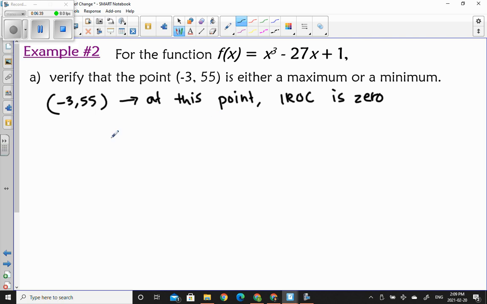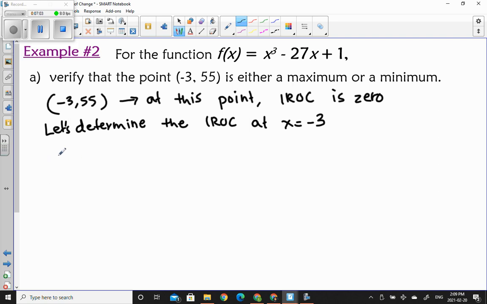Okay, so let's try to find out what the IROC is at x equals -3. So let's determine the IROC, the instantaneous rate of change, at x equals -3 and see what happens. We can try the squeezing method or midpoint interval method.